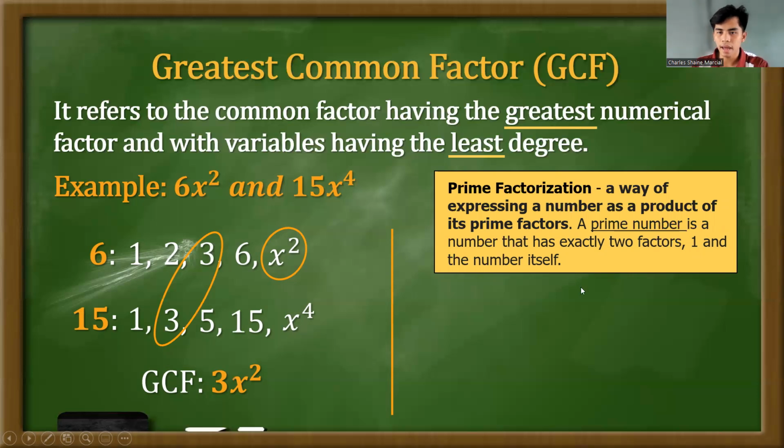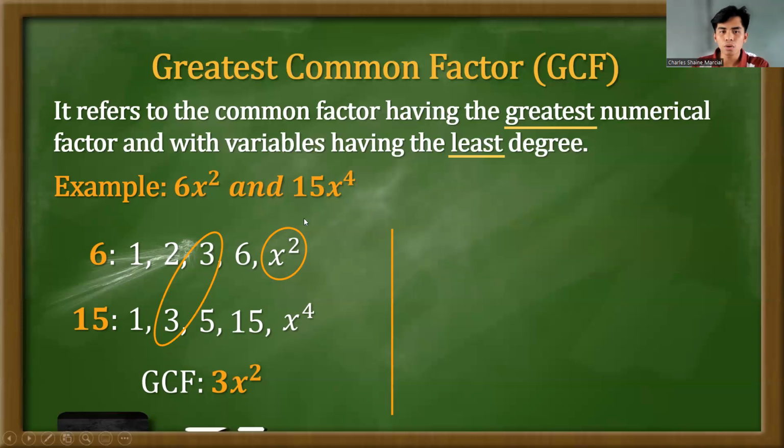So para mas maintindihan nyo, let's have an example again. So for example, kukunin ulit natin yung GCF ng 6x squared and 15x raised to 4. Okay, so hanapin natin yung factors. Dito sa prime factorization, sabi kanina, the way of expressing as a product of its prime factors. So ibig sabihin, mag-iisip tayo ng mga numbers na pwede nating i-multiply to get these following numbers.